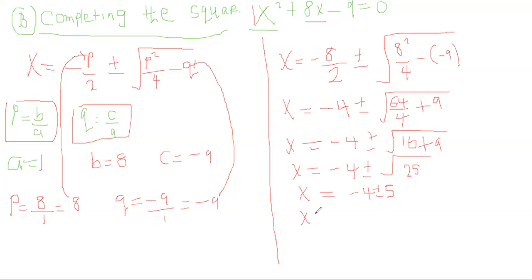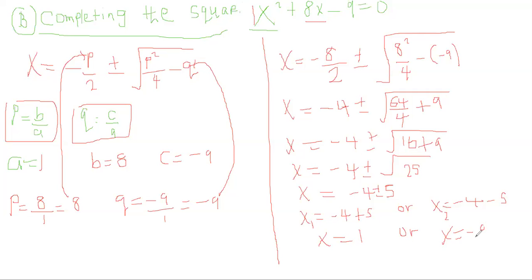So x will be equal to minus 4 plus 5, or x equals minus 4 minus 5. We can call the first root x1 and the second root x2. So x will be equal to 1, or x will be equal to minus 9.